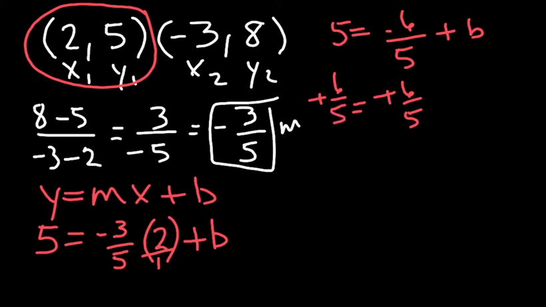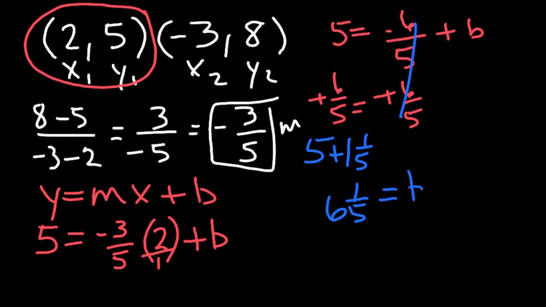Well, what's 6/5 in a mixed number? 1 1/5. So that's really 5 plus 1 1/5. Well, isn't that 6 1/5? Yeah, because 5 plus 1 is 6. So 6 1/5. That cancels.